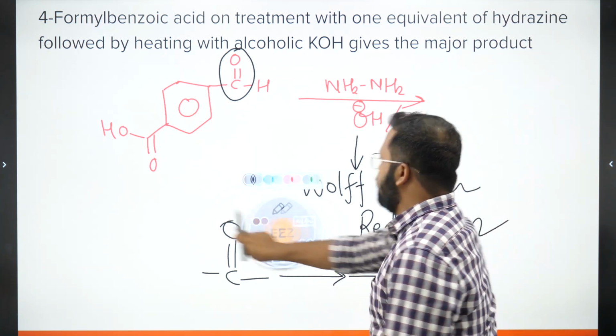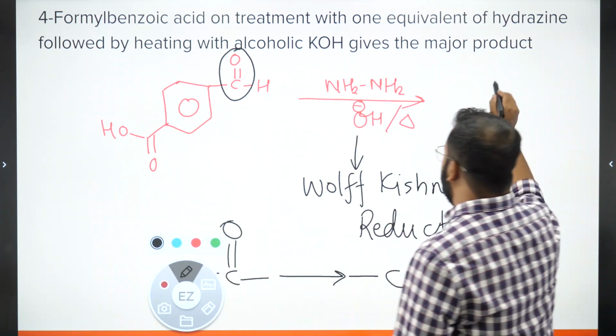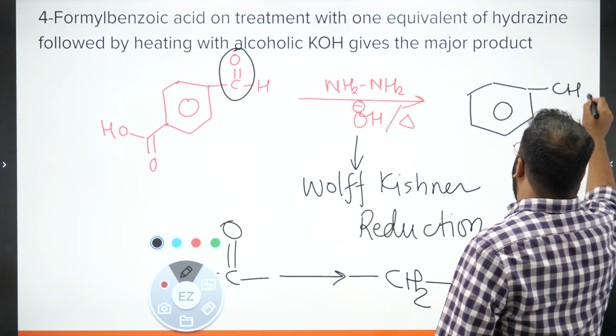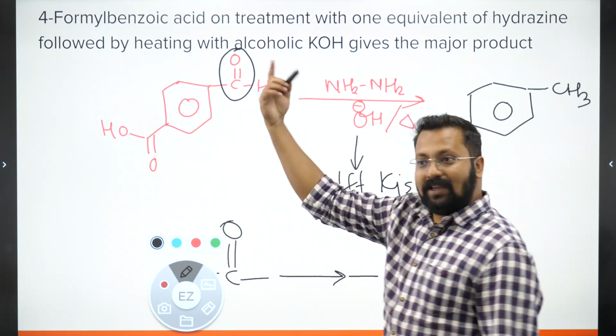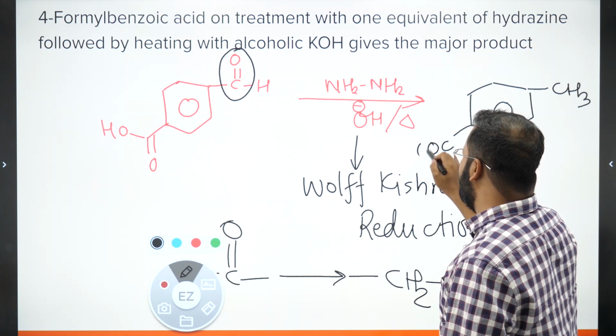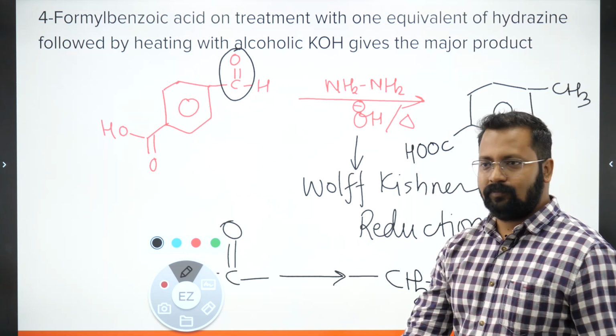Our product, straight away we can write our product to be CH3. C double bond O has to be converted to CH2. This will become CH3 and this will be retained as COH.